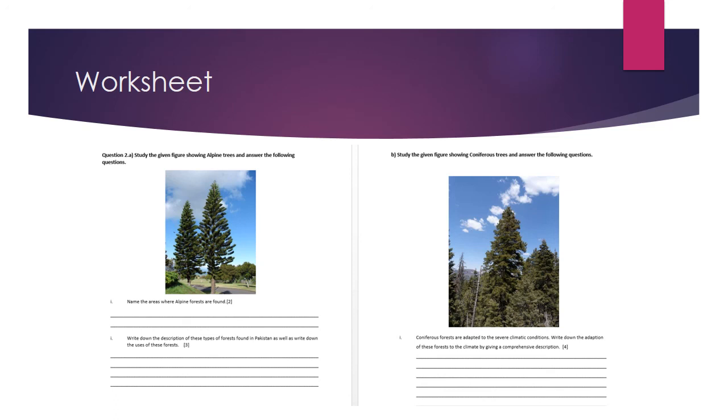Write down the adaptation of these forests to the climate by giving a comprehensive description. So over here you will write about the description of coniferous forest with the help of the table, as well as there is a picture in figure 4.10. You can also take help of that picture to answer this question.